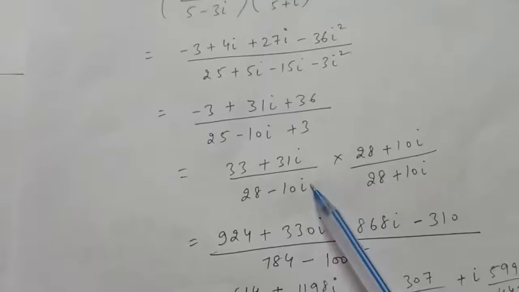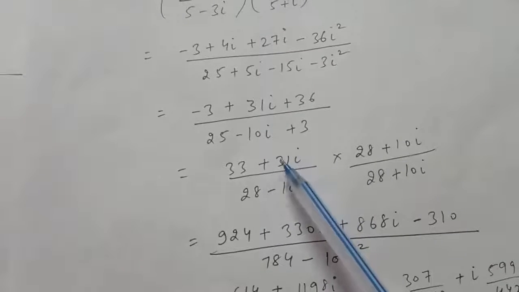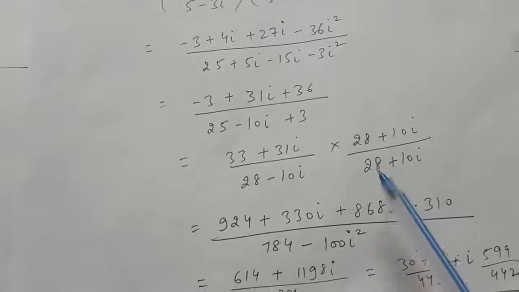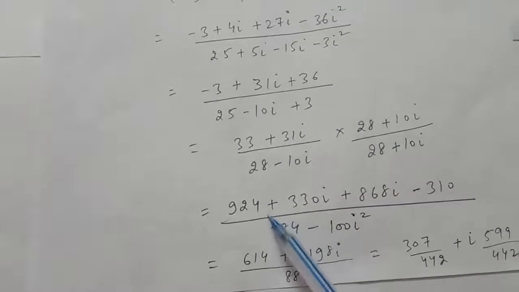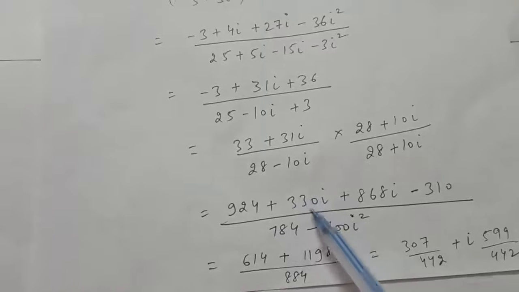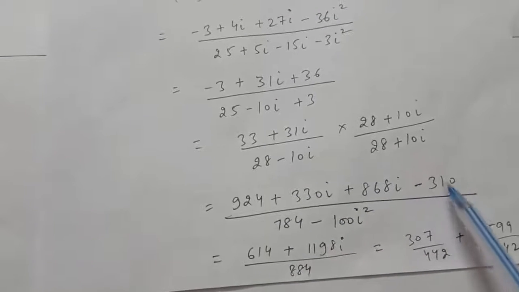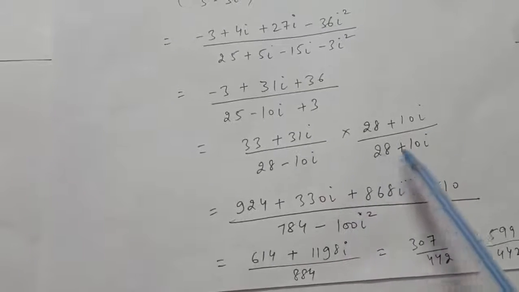Now because we have to find the a plus iota b form, that is why rationalize this term with 28 plus 10 iota. So in the numerator, after multiplying these two, you will get 924 plus 330 iota plus 868 iota minus 310, upon this is a minus b into a plus b.